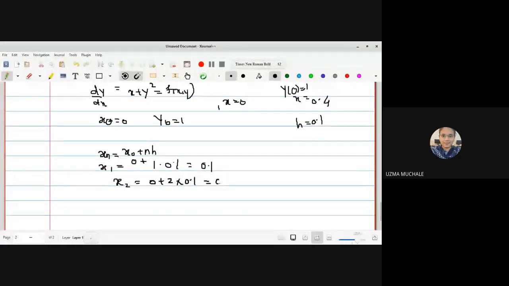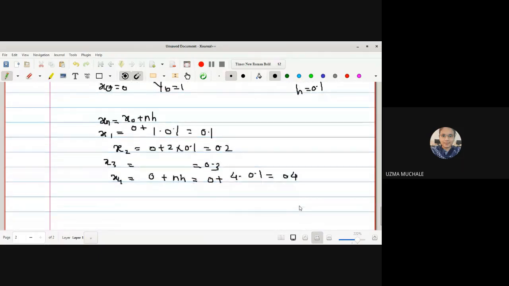So it is 0.2. So x3 will again be 0.3. Now what will be the last term? X4. Again you can find the value of x4 as x naught plus n into h. X naught is 0, 0 plus n is 4, into h is 0.1. So it is 0.4.